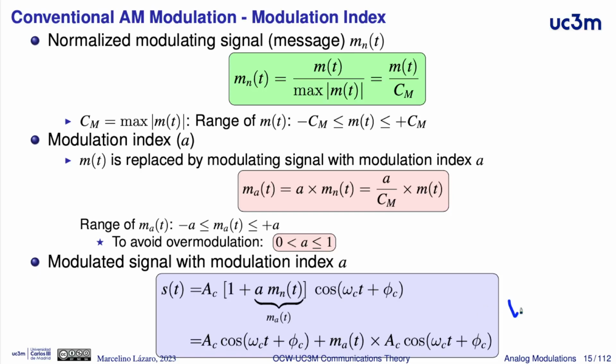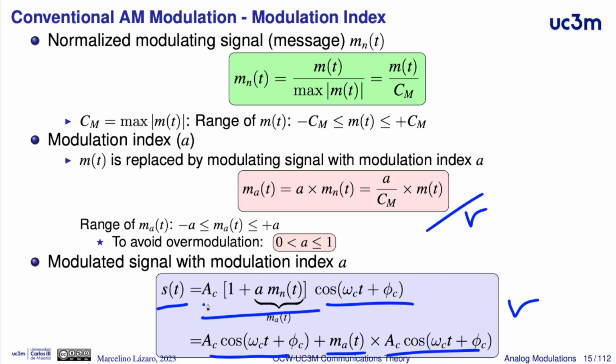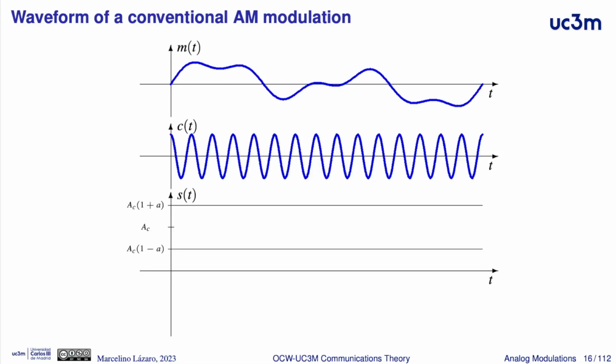Finally, here we have the final analytical expression for the modulated signal of a conventional amplitude modulation with modulation index A. m of t has been replaced by m_A of t, and we have the carrier plus m_A times the carrier. We have the cosine multiplied by the amplitude of the carrier times 1 plus m_A of t.